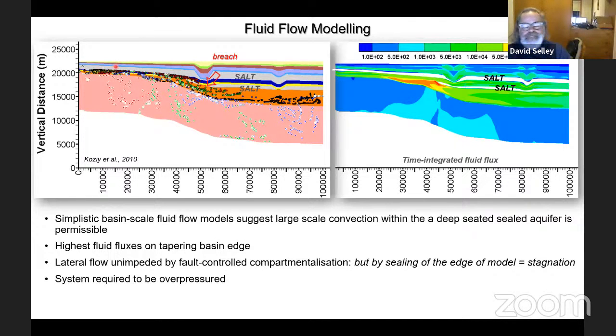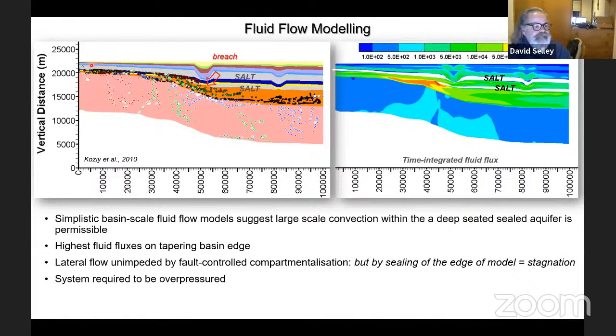We've got anomalously high fluid pressures, which is important because it allows maintenance of porosity and permeability at very advanced stages of the model. So at least within the aquifer system, we're dealing with relatively high permeabilities.